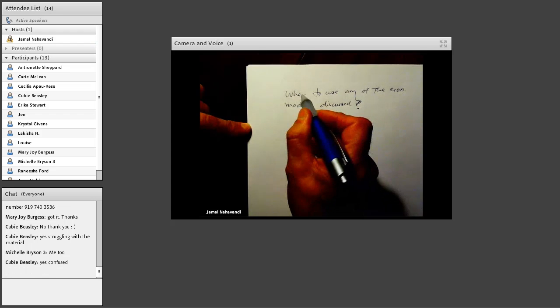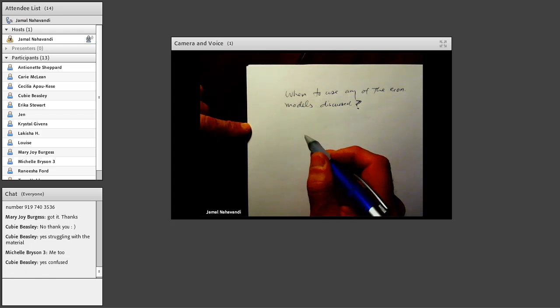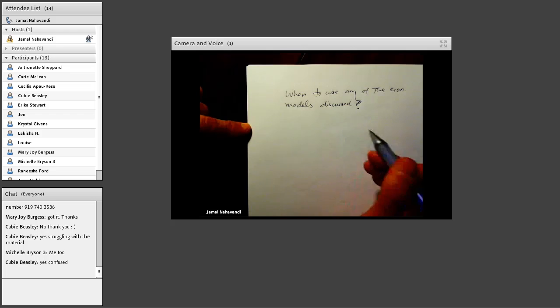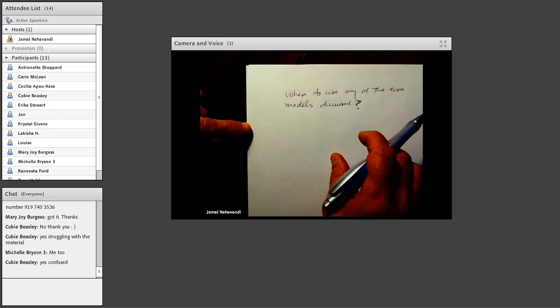It's all right, I understand this model and I understand that model and so forth. When do I use it, and so forth.